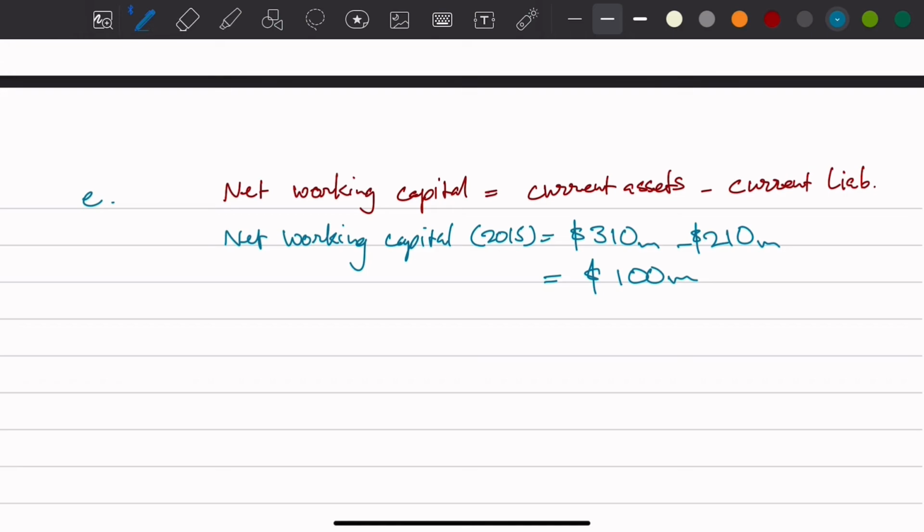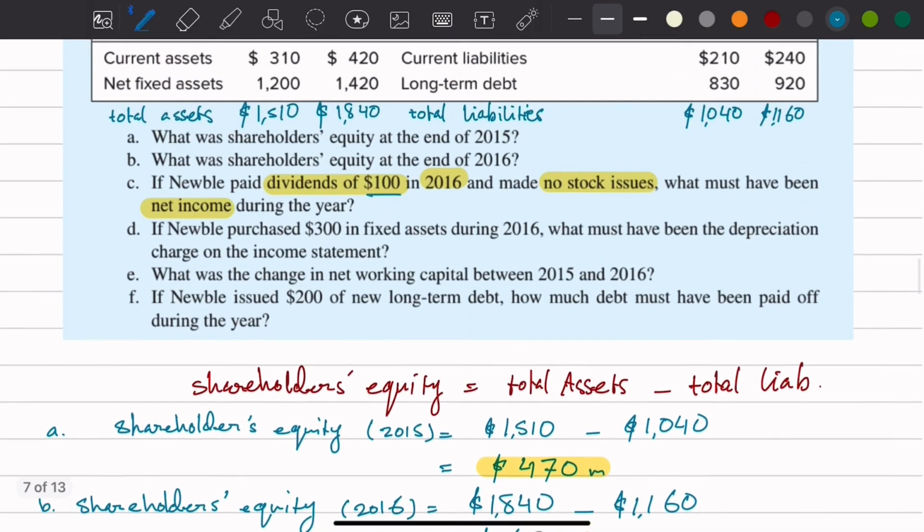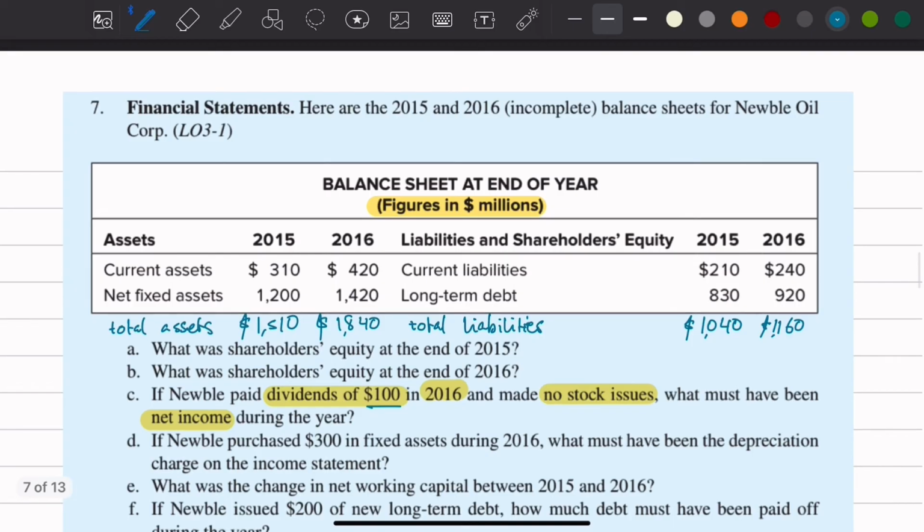And the net working capital for the following year, 2016, we're going to do the same thing, but this time we're going to use 2016 numbers. The current assets 420, current liabilities 240.